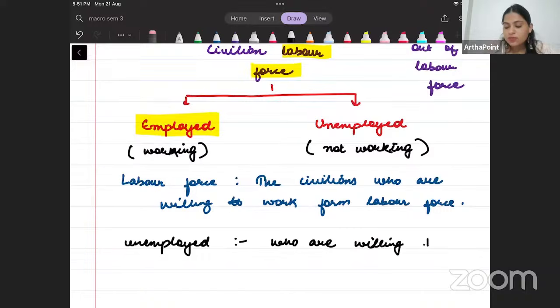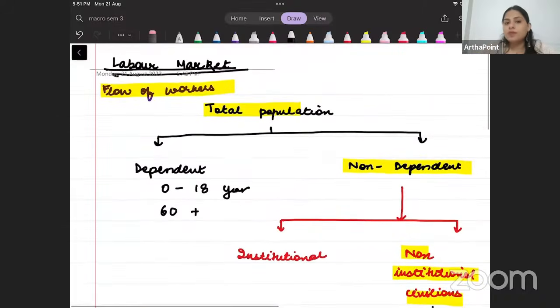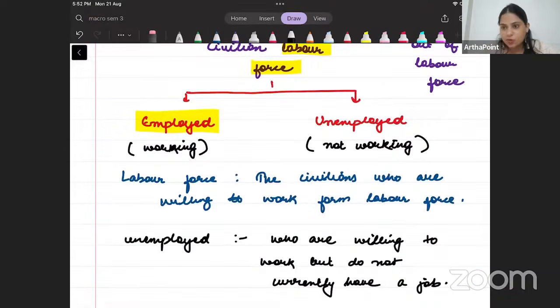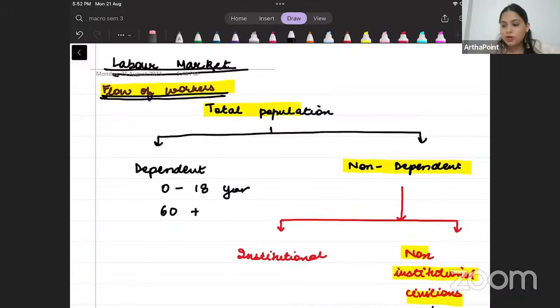They want to work, but do not currently have a job. So those people who are willing to work, काम तो करना चाहते हैं, but job नहीं है, that is an unemployed person. Now, when you will get this in exam, you have to make this flow. If you don't make this flow, then things will be difficult for the faculty to understand. Okay, so this diagram, which is the flow of workers, this is very, very important.